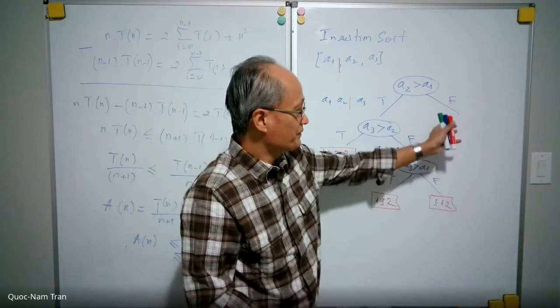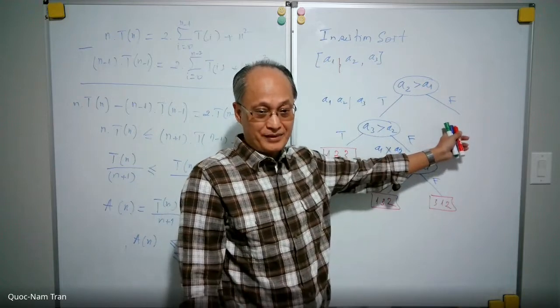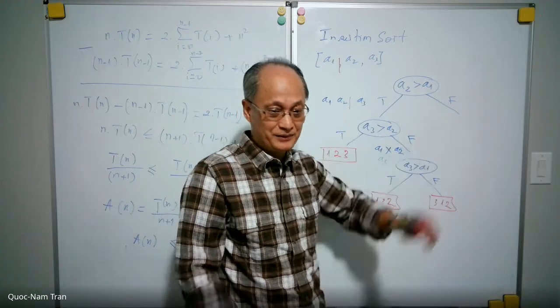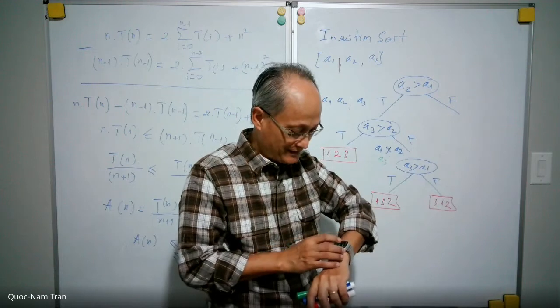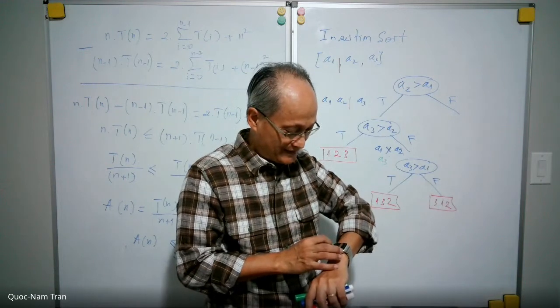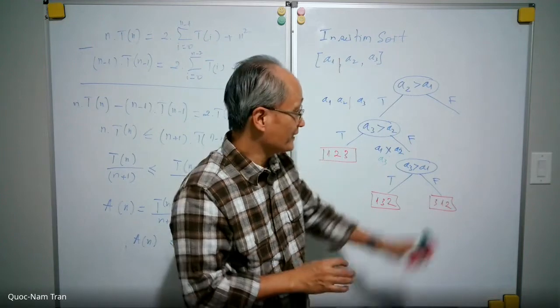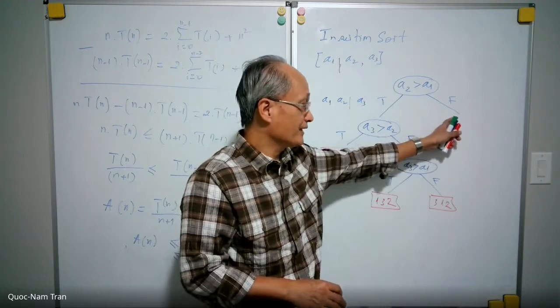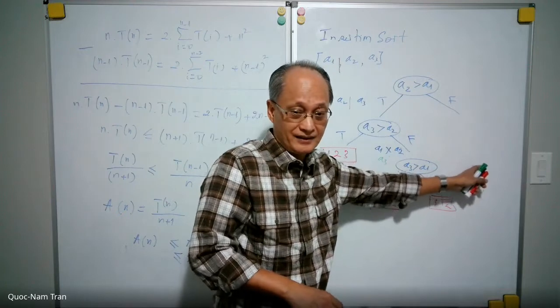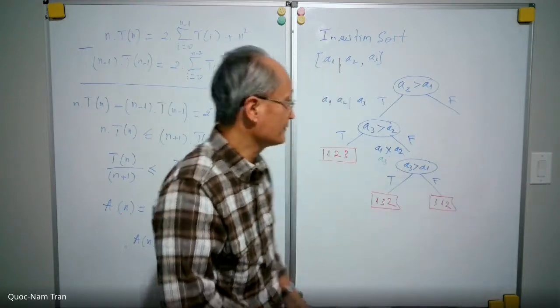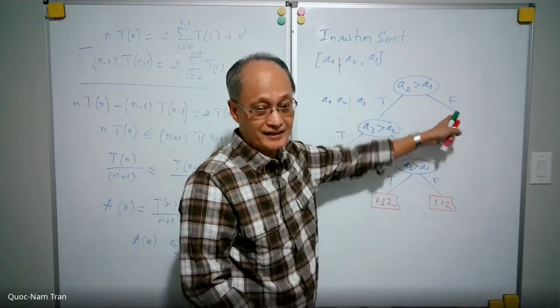Now, fill out the right branch for me. I'll give you 3 minutes for doing so. Okay. What comparison and then what comparison and what results will I have if it's false here?